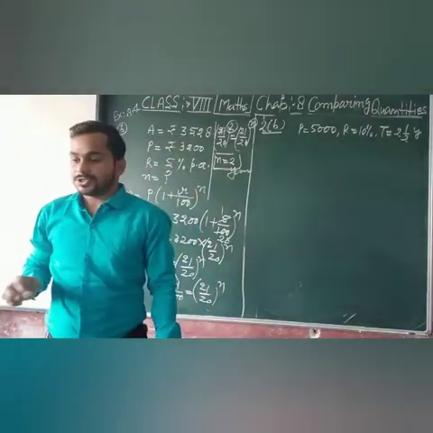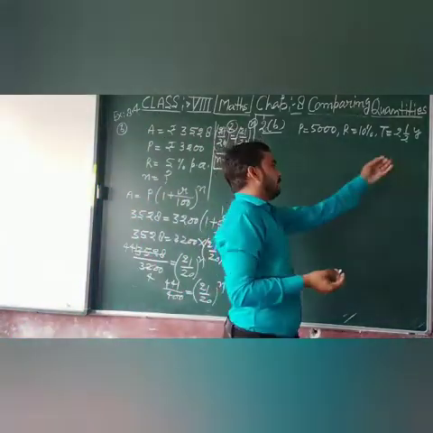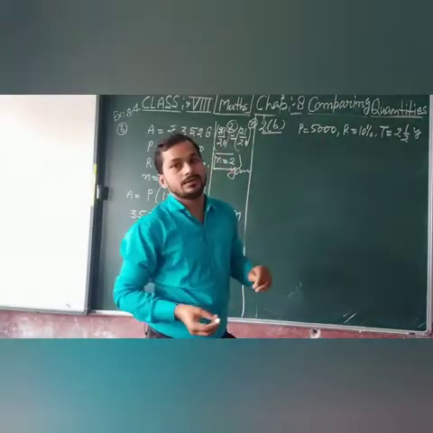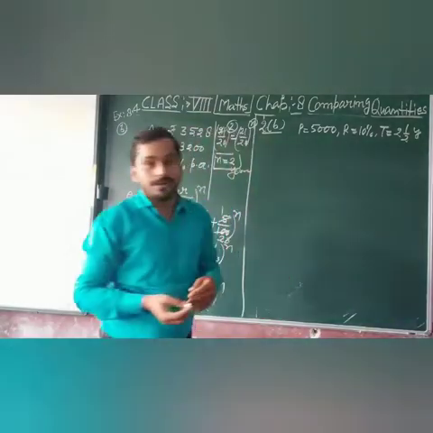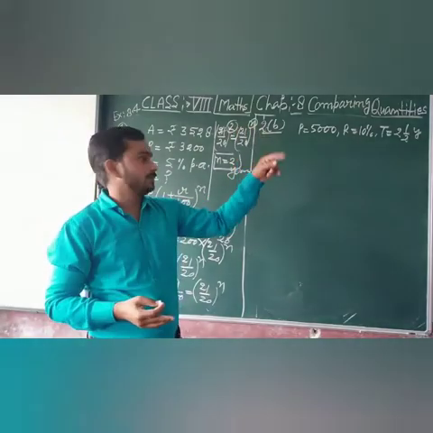Where time is a fraction, first we apply the formula of amount for 2 years, and the amount in 2 years becomes the principal for the next half year.